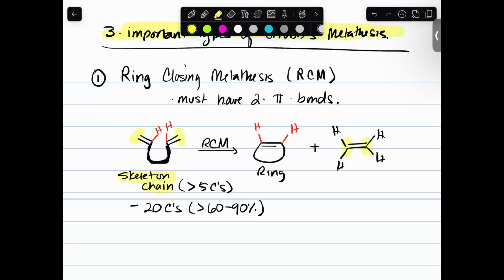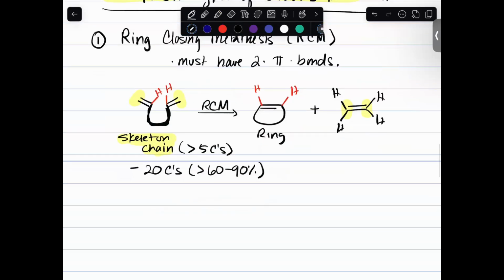Now, typically the ring is cis. And what I mean by that, and it shouldn't come as a surprise because rings, especially with double bonds, have to be cis, right? There's no ands or buts about it. Whether it's a cyclopentene or a cyclohexene, because it is a ring, by definition, it's usually cis.